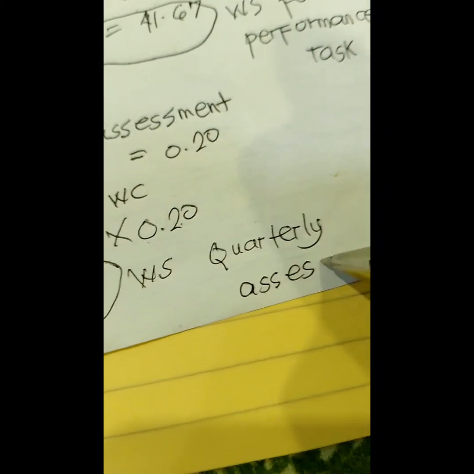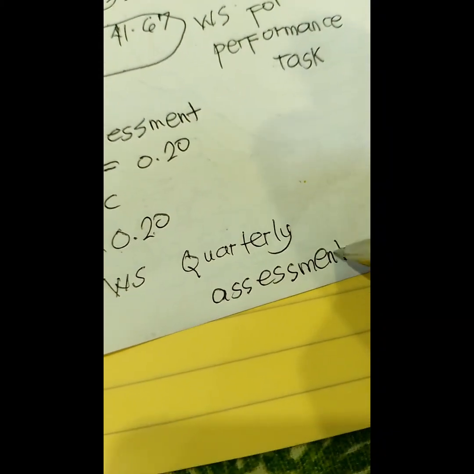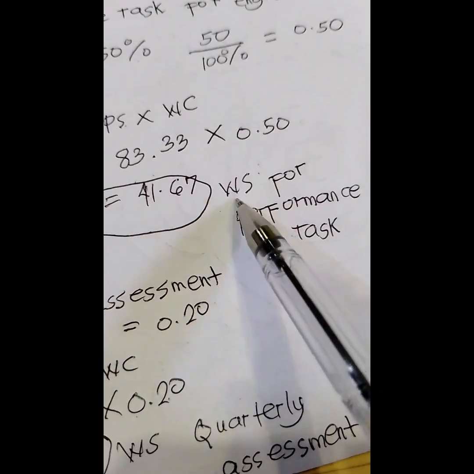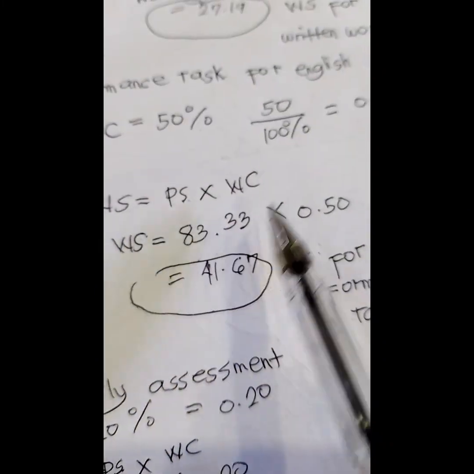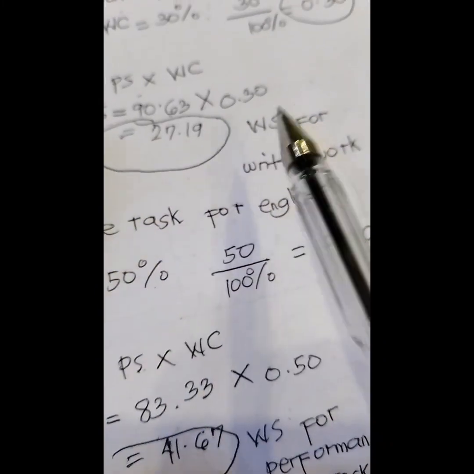So again, the weighted score for quarterly assessment is 16. The weighted score for performance task is 41.67. And then the weighted score for written work is 27.19.